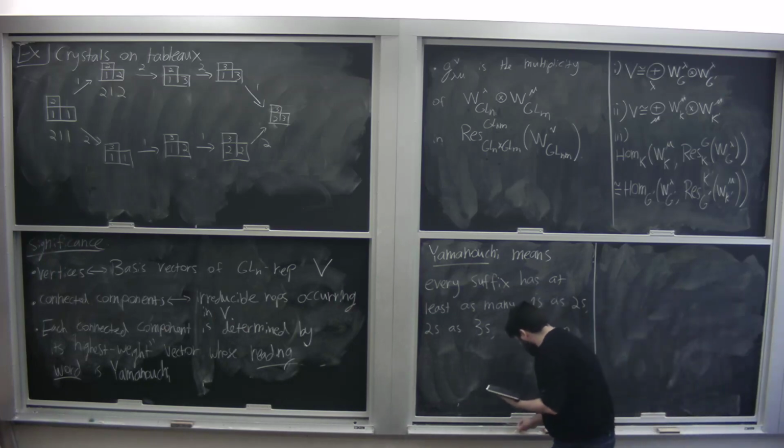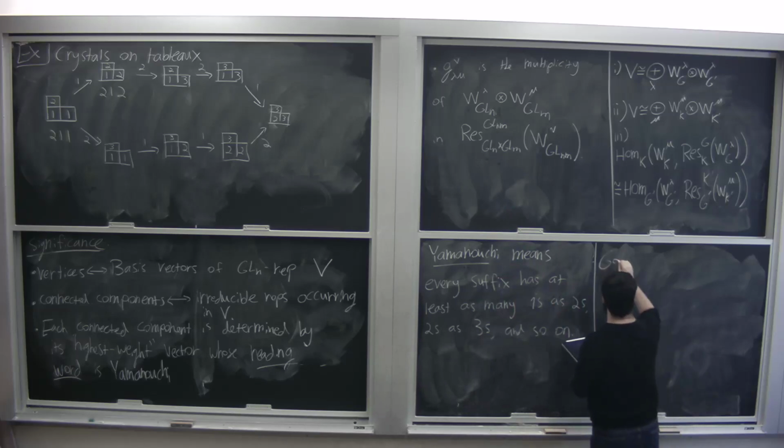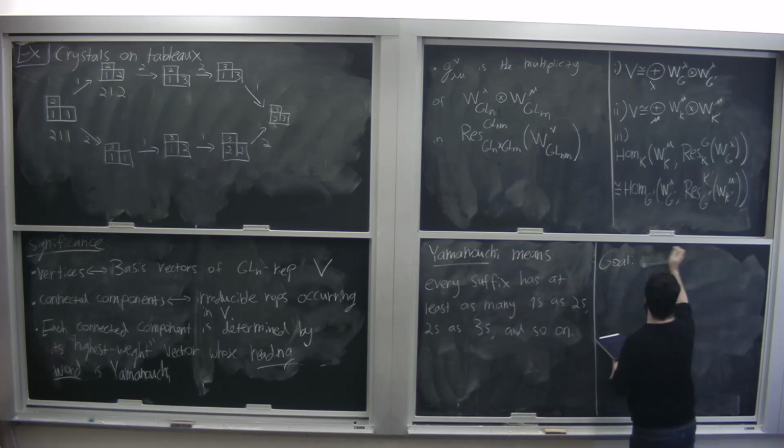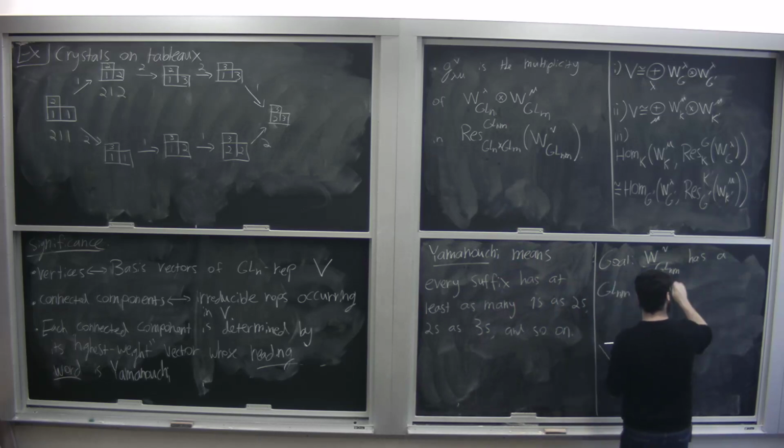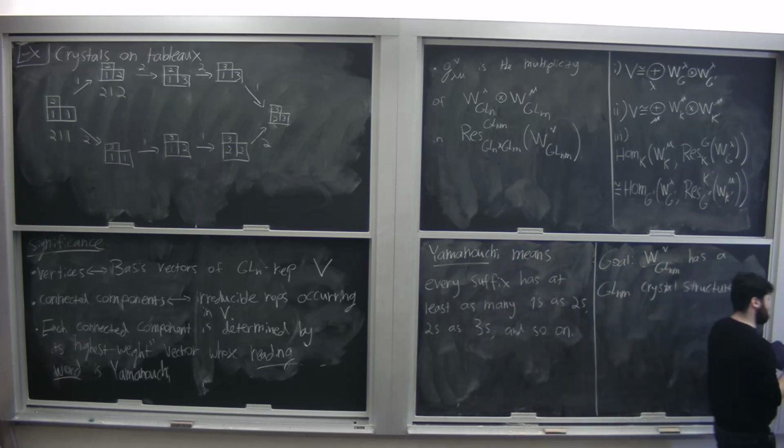Okay. Now let me say, what does this mean if I'm trying to break up something that's a GLN cross GLM representation? So here I'll say that W GLNM nu has a GLNM crystal structure. And we actually understand that structure really well.